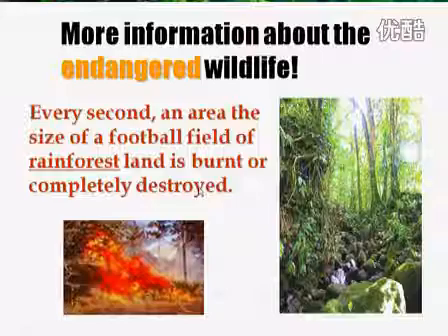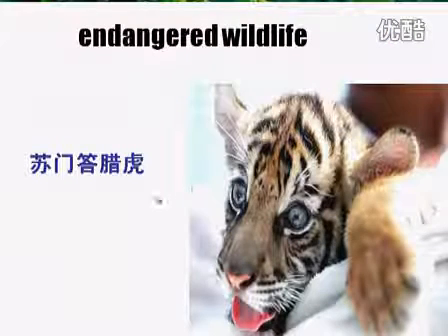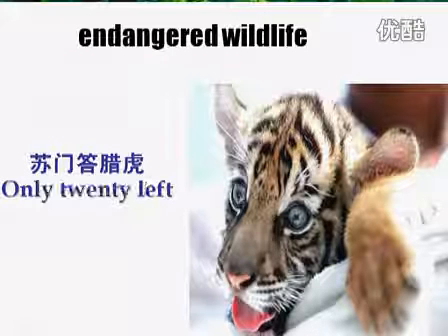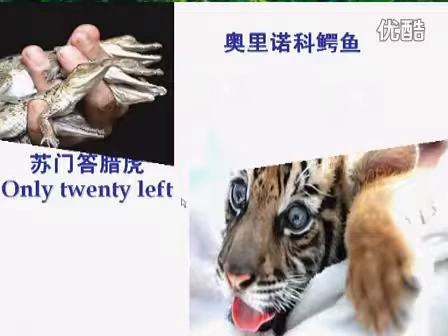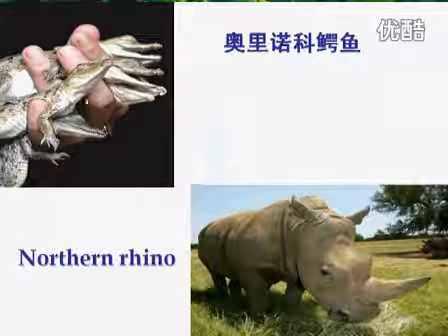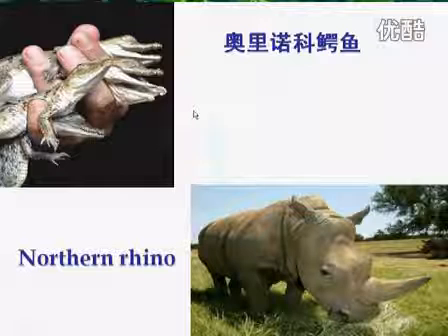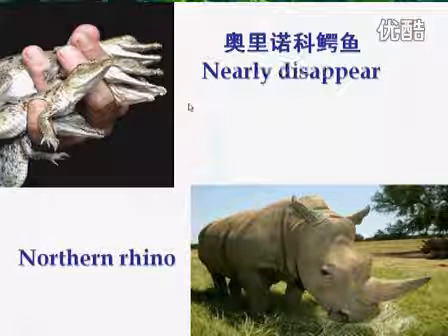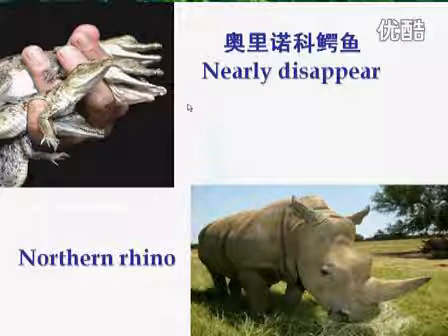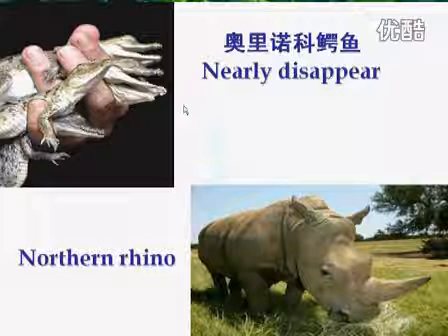Okay. Now second, it's a kind of tiger, a lovely tiger, but bad news. Only 20 left. And it's a kind of crocodile, little crocodile, but almost all of them have disappeared from the world.